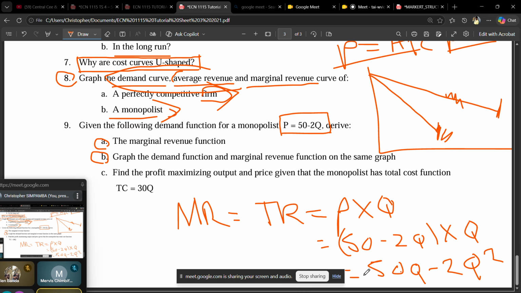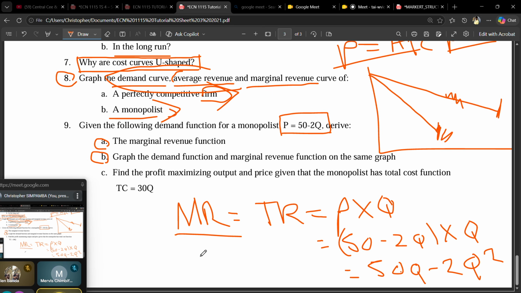So this is our total revenue that we found. From this total revenue, we have to find marginal revenue. How do we find marginal revenue? Just differentiate it. We're going to find 50 minus 2 times 2, or 4, and then 1Q will remain, so 50 minus 4Q. That will be our marginal revenue function, right?